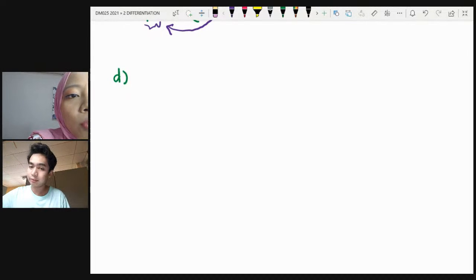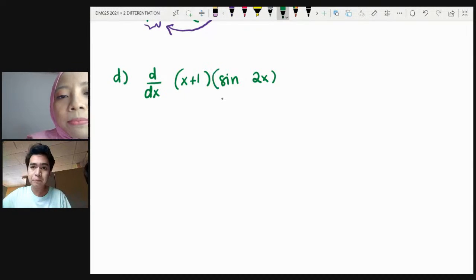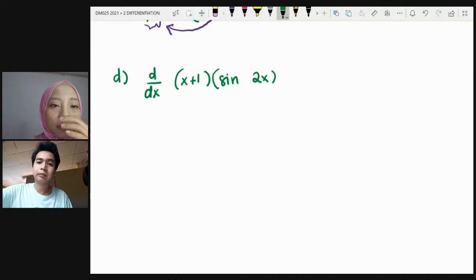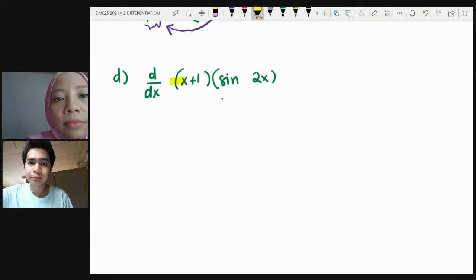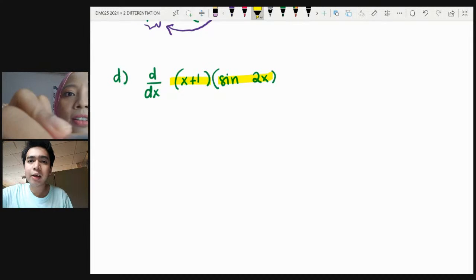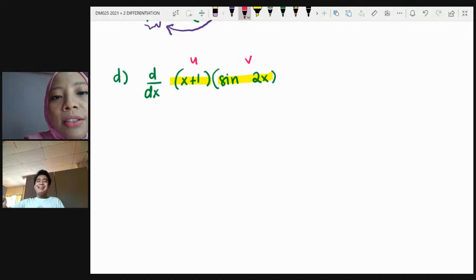Okay, we move on. Finding the derivative of x plus 1 times sine 2x. Okay, apa beza soalan ni dengan soalan tadi, Luqman? Dia ada dua function. You mean function? Yes, function. So this is u, this is v, or this is f(x), this is g(x).